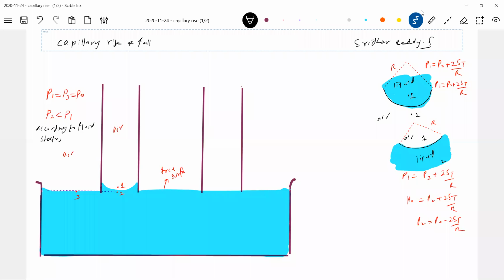Pressure at 3 equals 2 as they lie on the same horizontal line. Tell me, okay, what is correct?